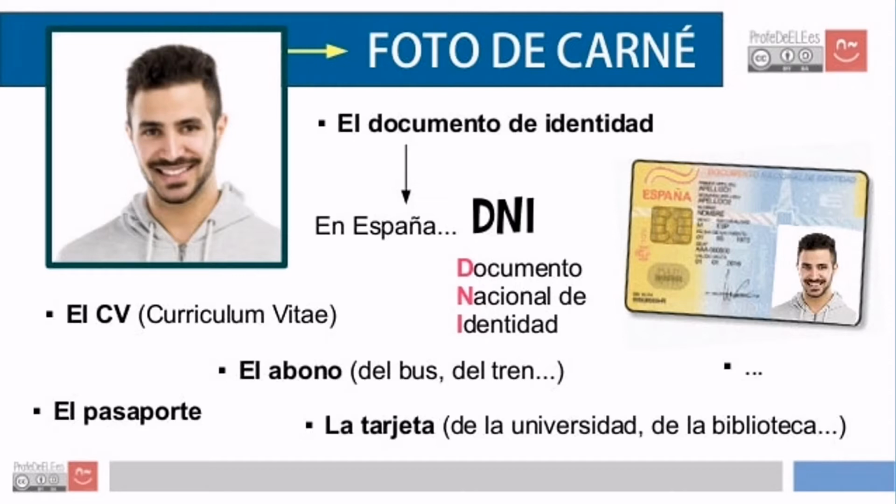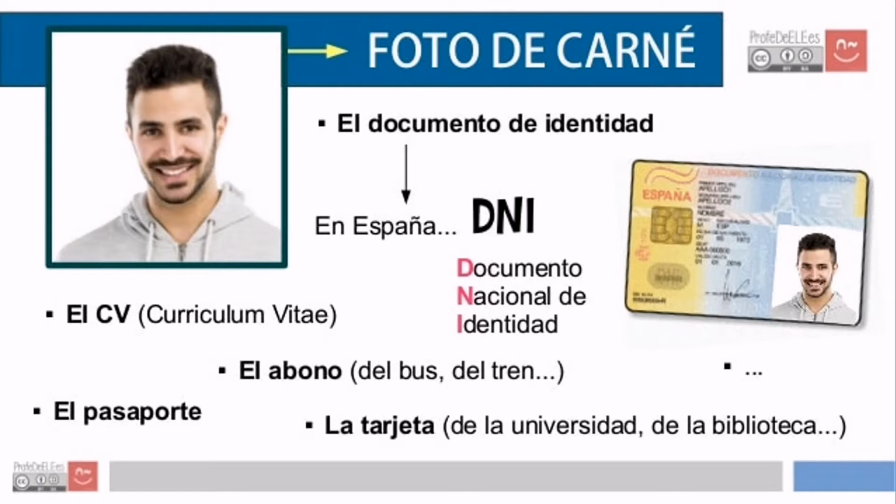in some settings in life, such as el documento de identidad, which is the ID. It's called DNI in Spanish, which stands for Documento Nacional de Identidad. You have el CV, which is your resume.